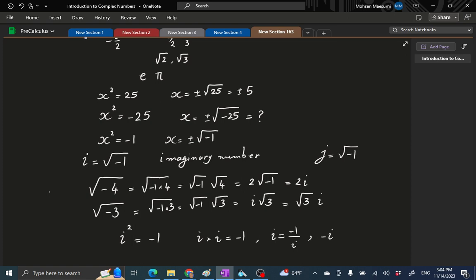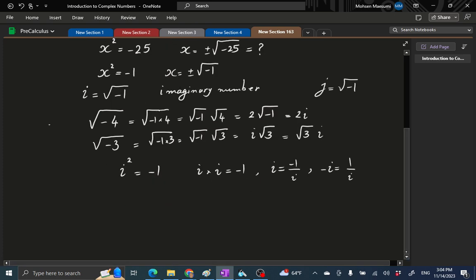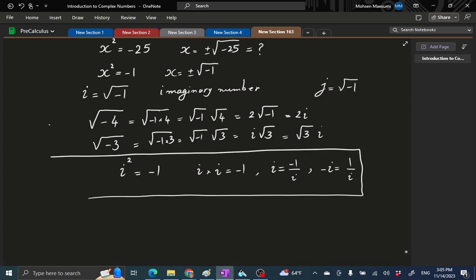Or minus i is 1 over i. All of these things say the same fact. So we have i is equal to square root of minus 1, and these are some of the basic properties of it.